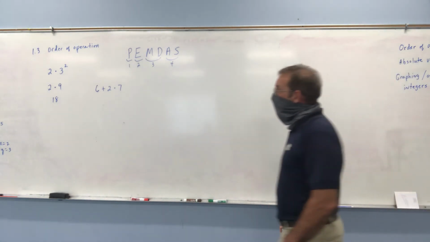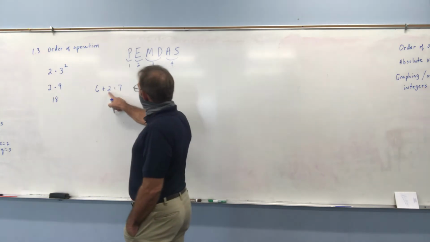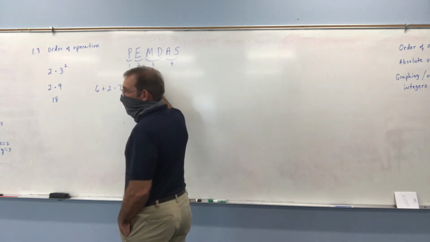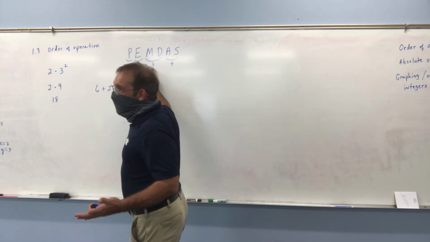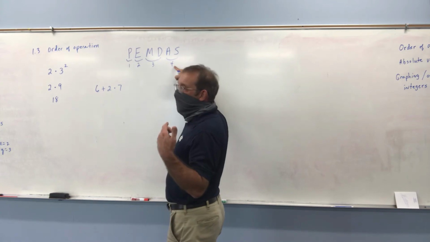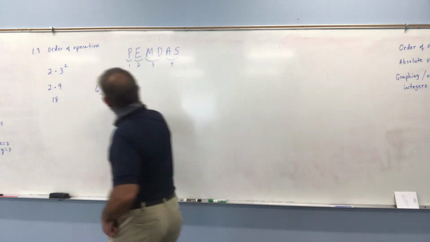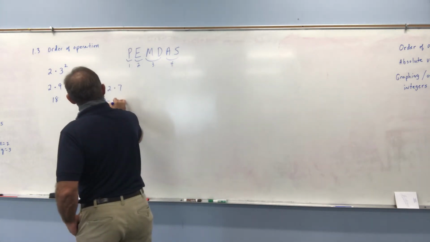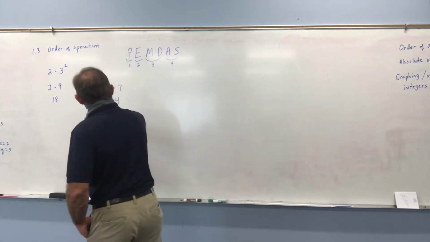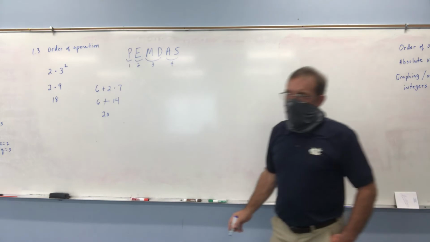Yeah, the multiplying, the 2 times 7, because multiplying is stage 3, so to speak, but what about adding? It's not until after that. It's 4. So we're going to do 6 plus 14. Now we're down to just one thing. 6 plus 14 is 20. Does that make sense?